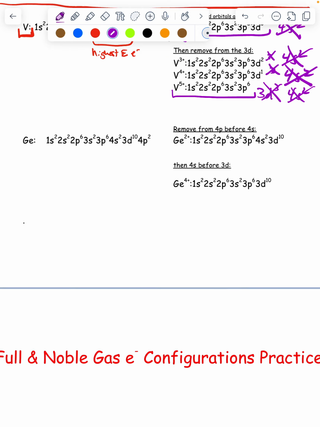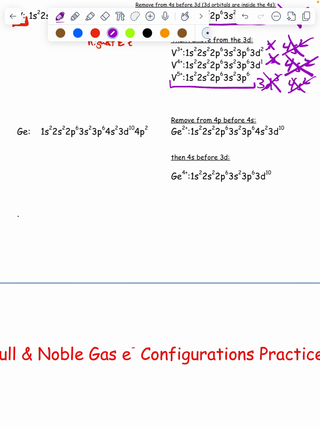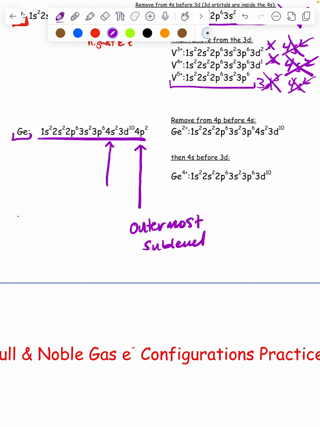Let's see if we can apply that same thing here to germanium. So germanium is here. First, we draw out its full electron configuration. I can see that it's got 4s, it's got 4p, and it's got 3d. And so if we're going to rank these, the 4p are the outermost sublevel, and then the 4s are the second outermost.